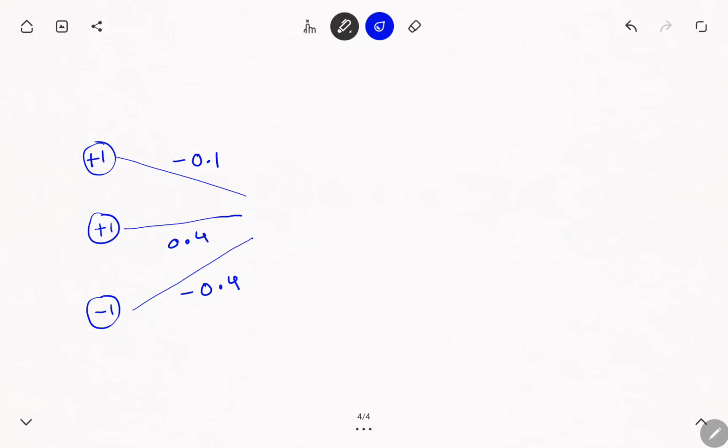So what will be the answer? What will be the output if this is given to this particular thing? What will be the output?